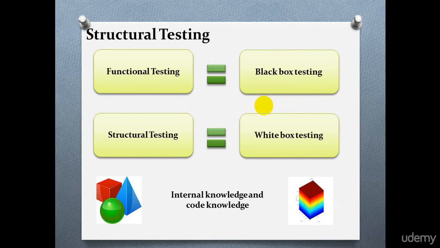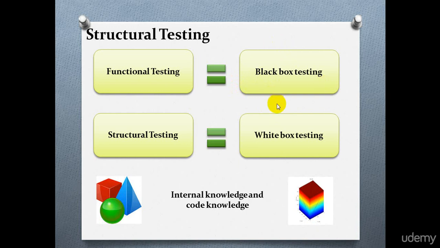To have thorough testing, you should execute areas such as branches, statements, conditions and decisions, code by code. Usually when we are doing structural testing or white box testing, we will be focusing on the areas such as branches, statements, conditions and decisions.